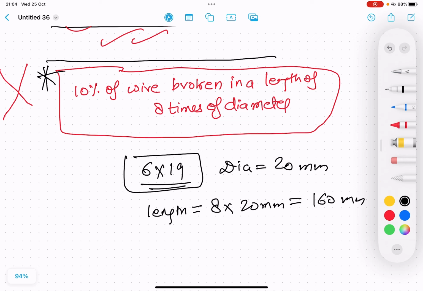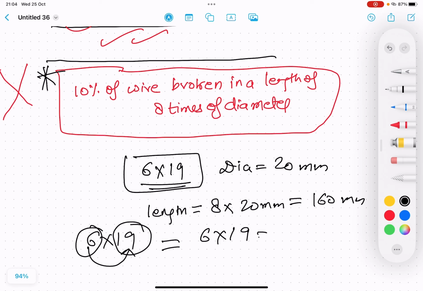There are 6 strands and each strand has 19 wires, so 6 into 19 construction means 6 multiplied by 19, which is 114 wires.